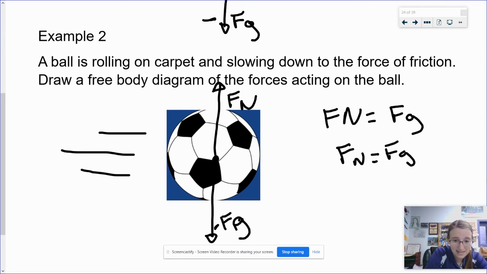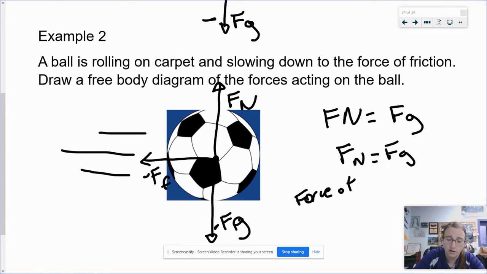Okay, so hopefully you can see that the force of friction, I'm going to call this negative, is acting opposite to the ball's path. If the ball is going this way, friction is pulling against it, which is what causes the ball to slow down. So the force of friction, make a note to yourself there.